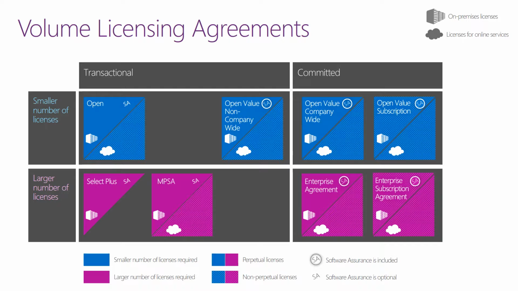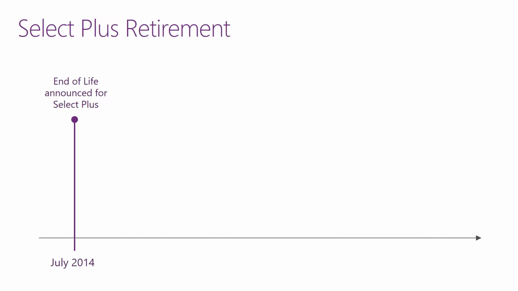Now, this video was recorded in July 2016, so let's see what the current retirement situation is for the Select Plus agreement. Here we can see that Microsoft announced that Select Plus was end of life in July of 2014.